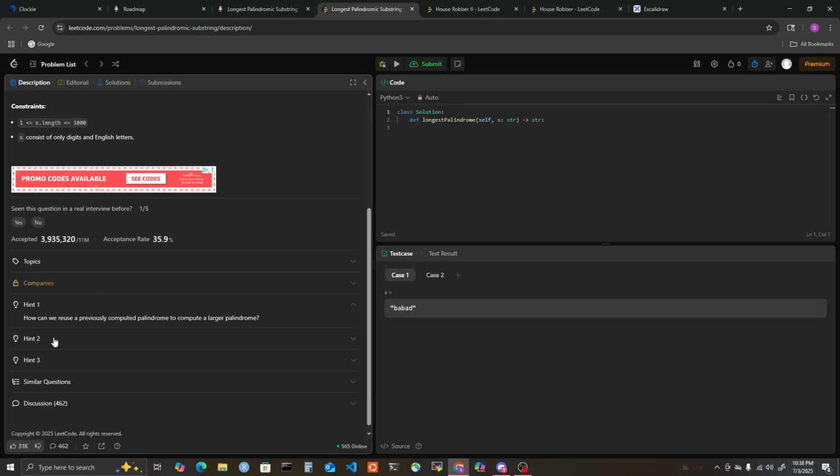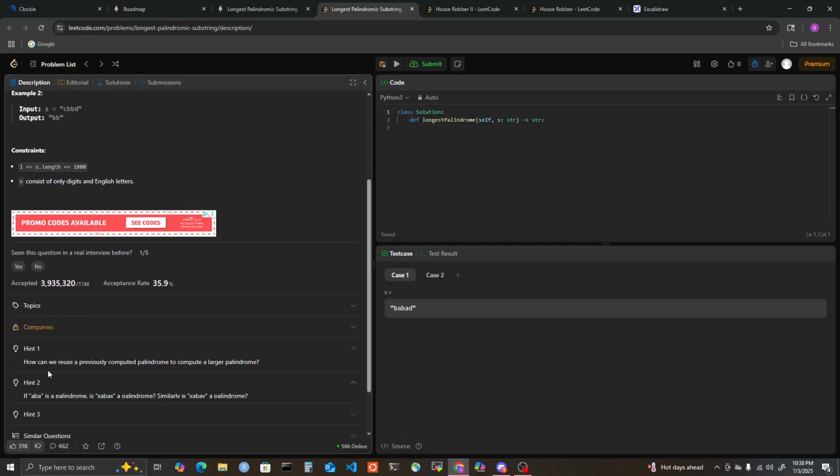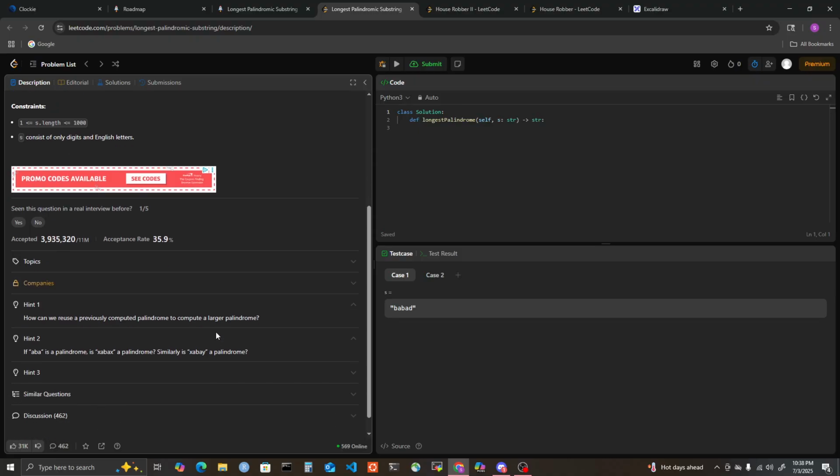Hint 3: How can you use a previously computed palindrome to compute a larger palindrome? I don't know, how can we?